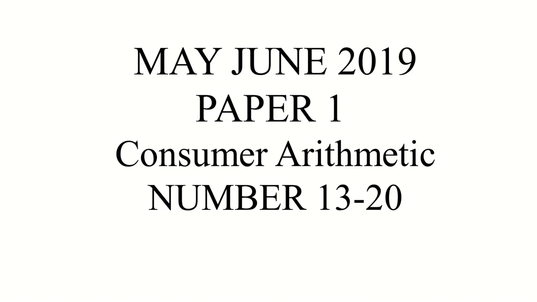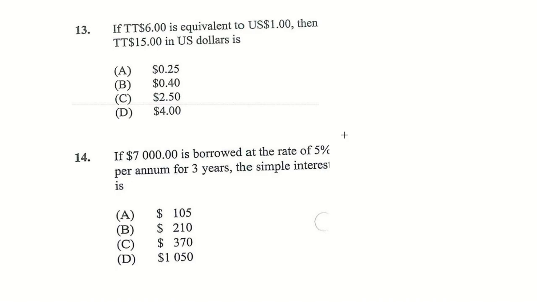Let's look at May, June 2019. Paper 1, Consumer Arithmetic, number 13 to 20. If TT 6 is equivalent to 1 US, then how much is 15? So first off, you're going to look at 2.50. As I said, it is faster to convert the US to TT.